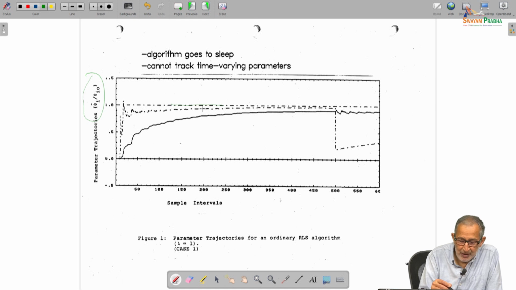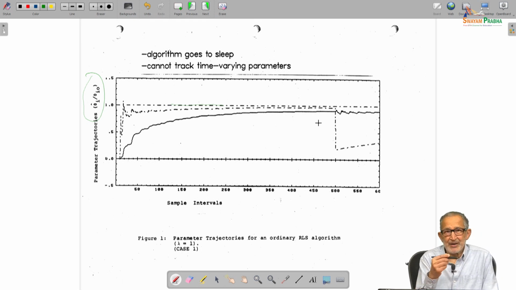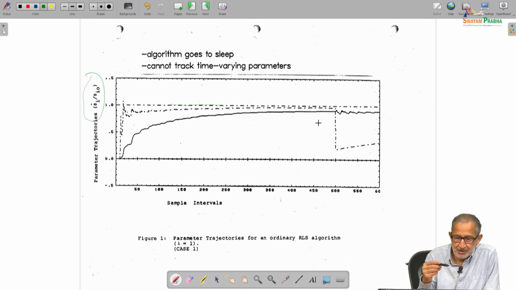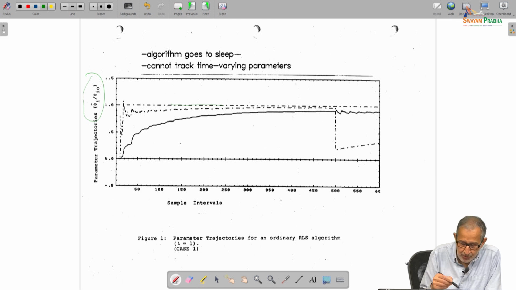We do get one of the parameters going closer and closer to that value, but there is somewhat of a bias, so we don't get an exact estimate of the parameters that we would have hoped for. And the reason for that is the algorithm that we've just developed goes to sleep.